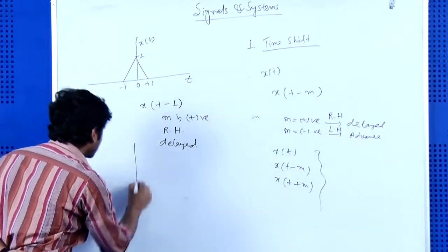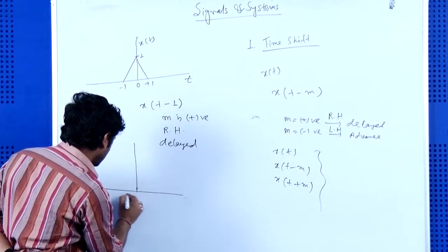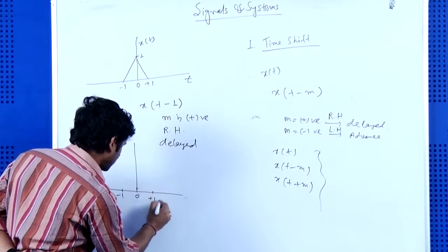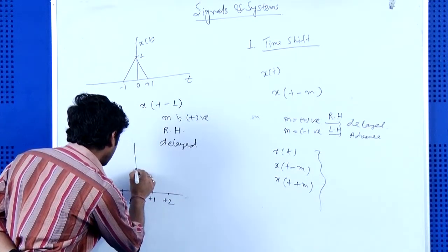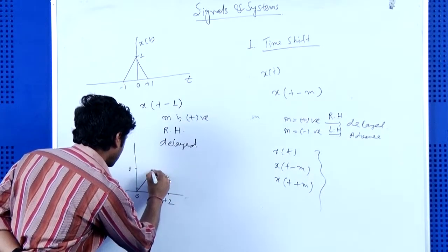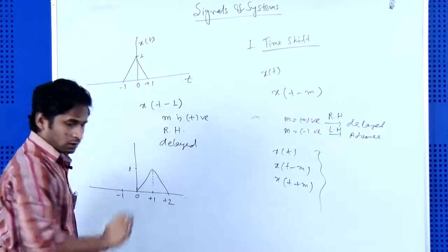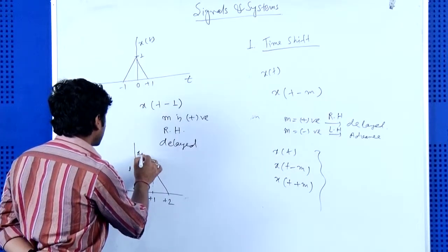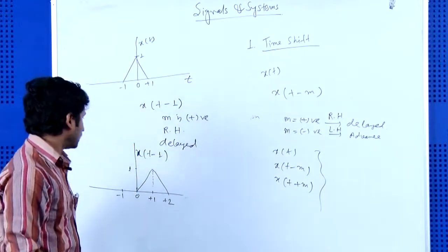So, this is the signal, this is x(t - 1).